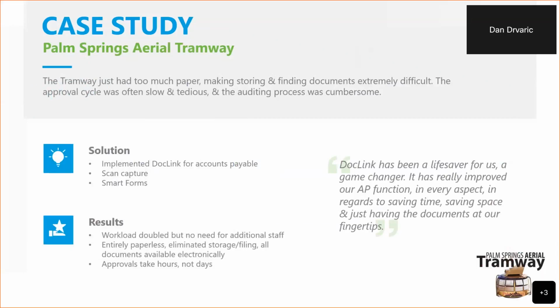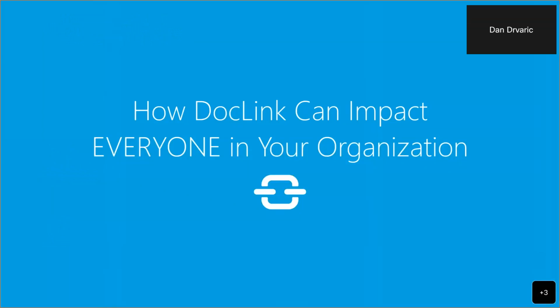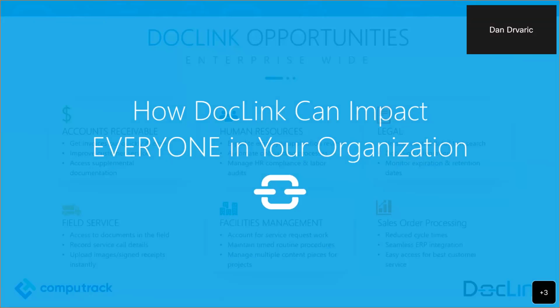There's a lot of things that we could talk about, a lot of things we could show you today, but in the interest of time, we kept things focused on accounts payable, but we can expand that a little bit and think about expense reports and credit card reconciliations as well. So there's any number of ways that DocLink can produce the cost savings that at least 50% of you are looking for. And how can DocLink impact everyone in your organization?